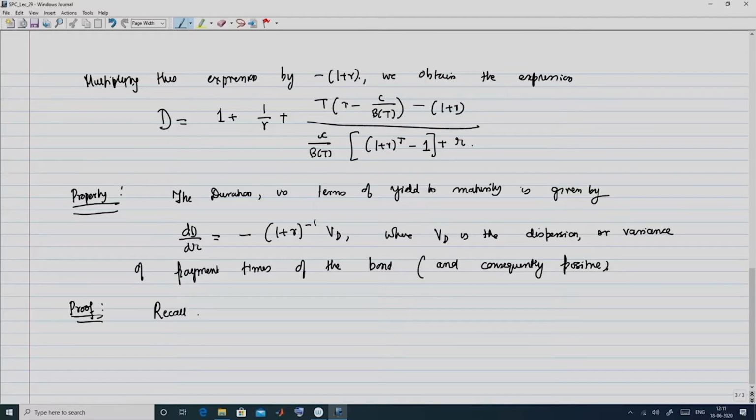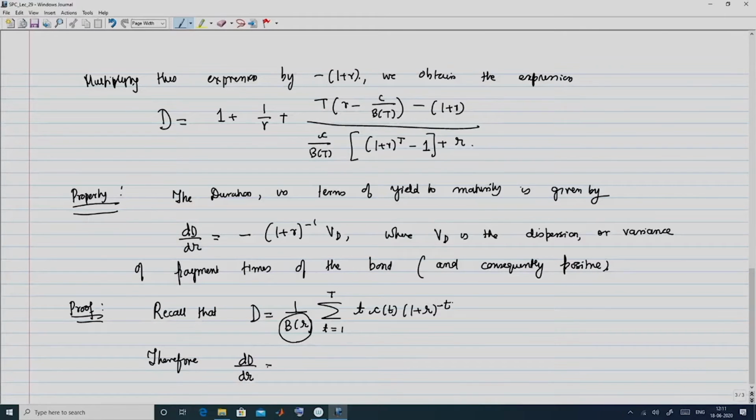So, recall that D is equal to 1 over B of r. So, it is just 1 over the bond price, summation t is equal to 1 to capital T, t c of t into 1 plus r raised to minus t. So, this is the definition, and I have specified B of r to indicate that this is dependent on r. So, therefore, dD/dr, this becomes what?